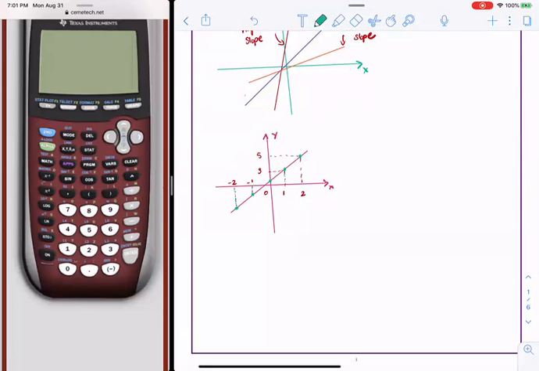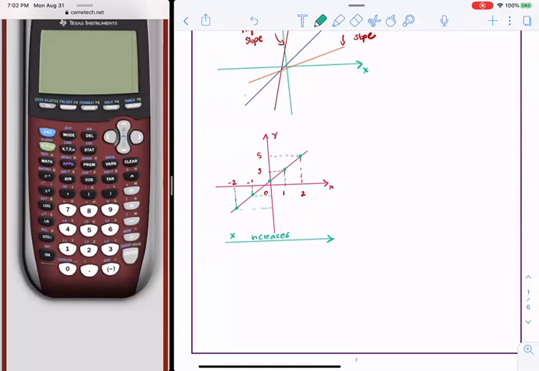So from left to right, the x value increases. What happened to the value of y? Y went from here, which is a negative value, to there, which is negative, and then it jumped over there, and it became 3, then 5.